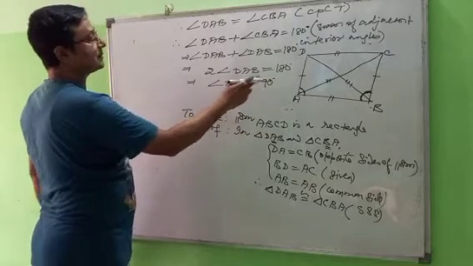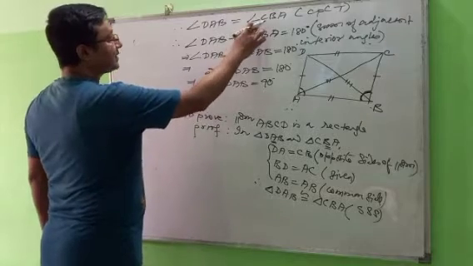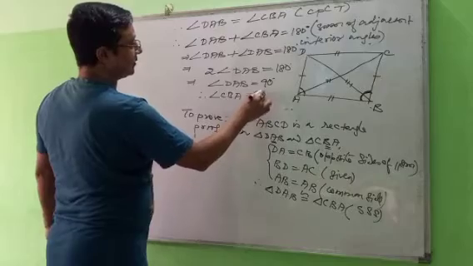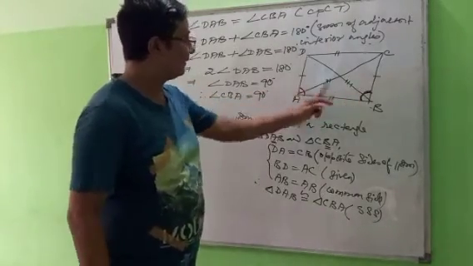Since DAB is 90 degrees, angle CBA equals 90 degrees.